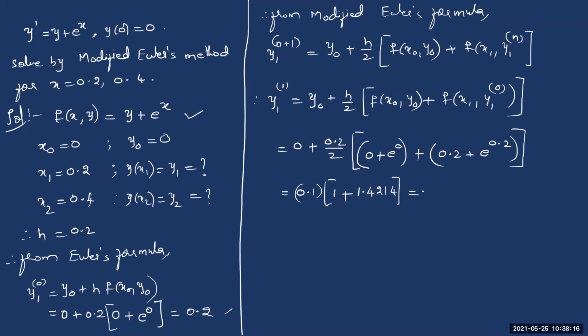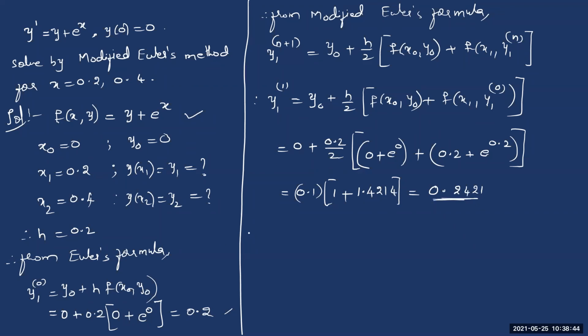If I simplify this, 1.4214 plus 1 into 0.1, I got 0.24214. You can even take only up to 4 digits, 0.2421. Look at this. This is the first approximation to y1.